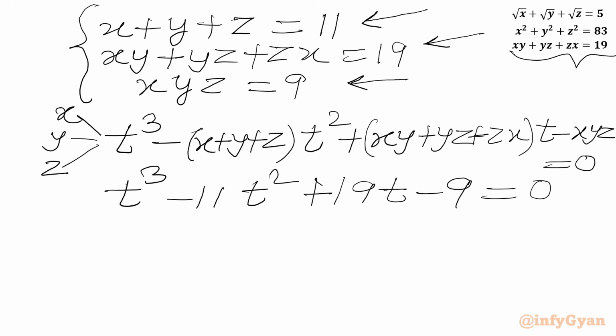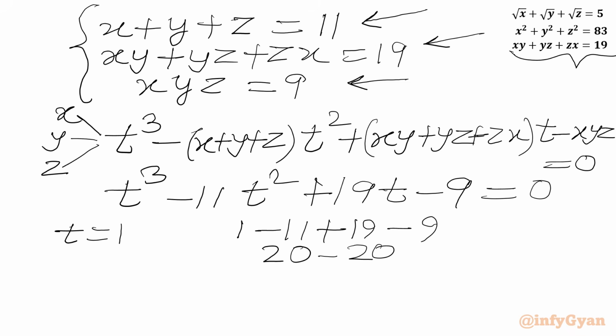If I will plug in t equal to 1, so 1 cube is 1 minus 11 plus 19 minus 9. So 1 plus 19 is 20, minus 11 minus 9 is minus 20. Addition will come out 0. So t equal to 1 is satisfying our cubic equation. So t equal to 1 is called base solution of this cubic equation, as I am going to use synthetic division method.